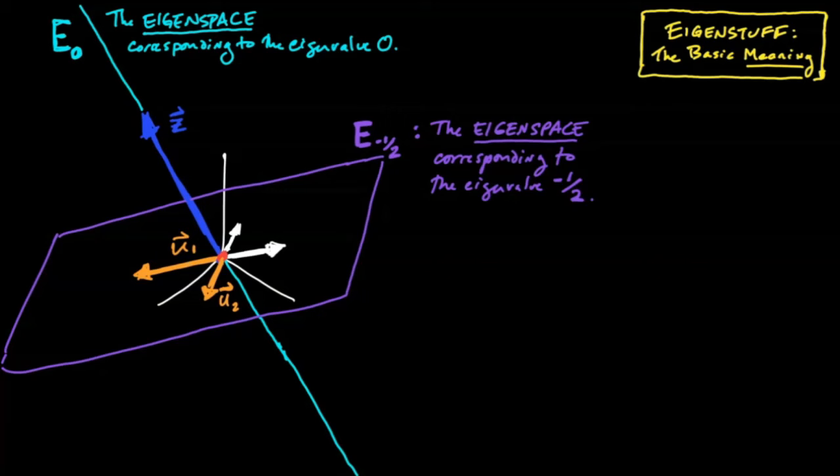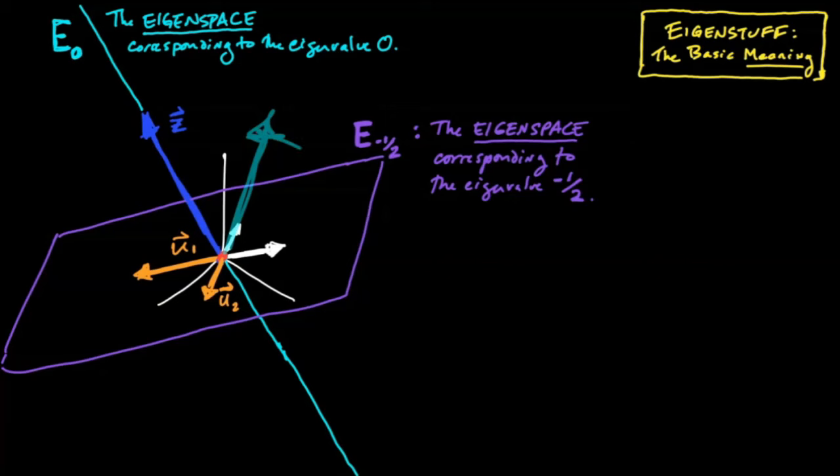And now you might ask, well, could there be more? I mean, maybe there's a third eigenvector that's linearly independent of U1 and U2 that also has eigenvalue -1/2. Should we go searching for one of those? Well, no, we don't have to, because we can deduce that there can't be one. Because if there were one, what would happen?